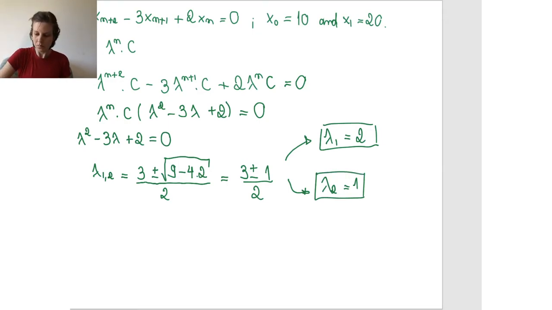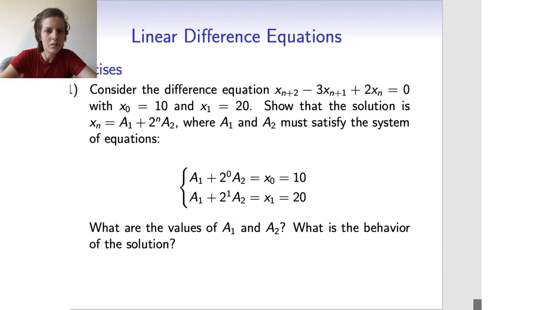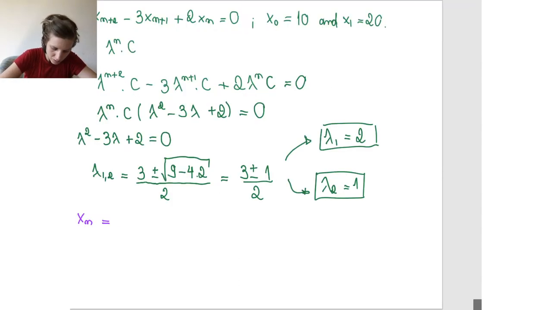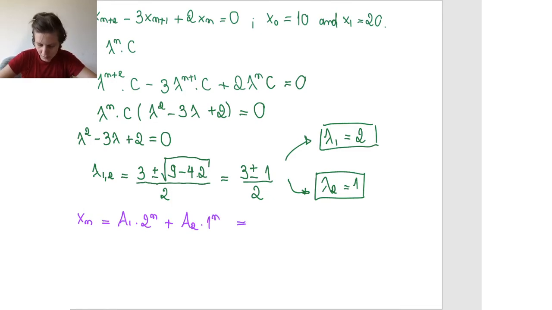Okay, so the solution will be x_n equal some constant a1 times 2 to n plus some constant a2 times 1 to n, which is just this: x_n equal to 2^n a1 plus a2.